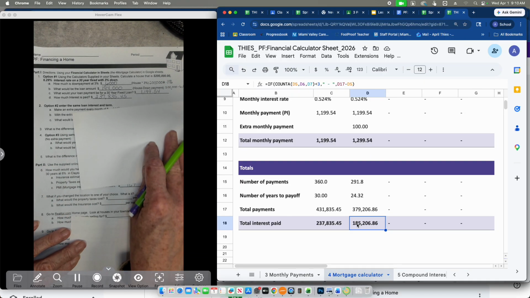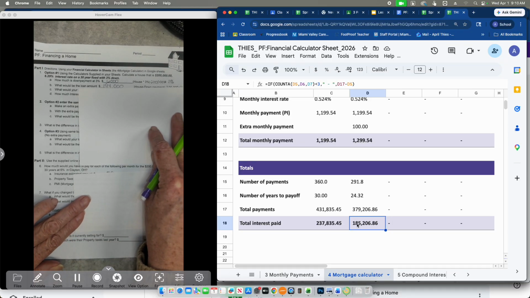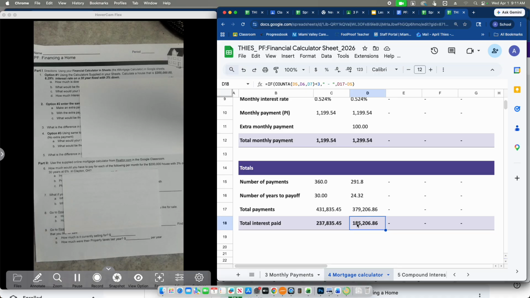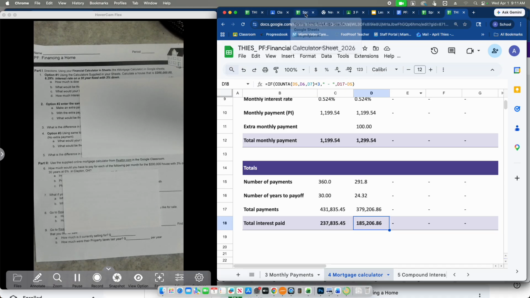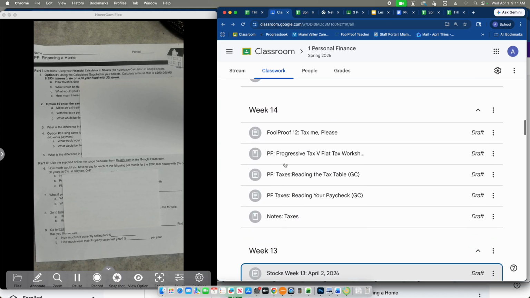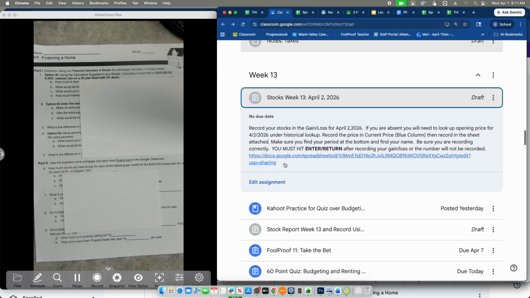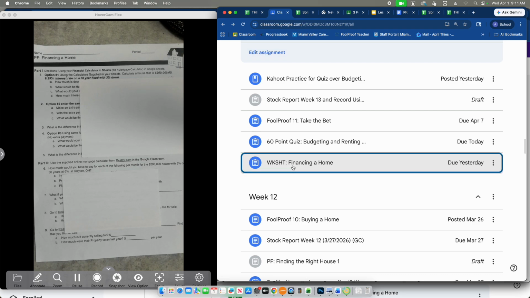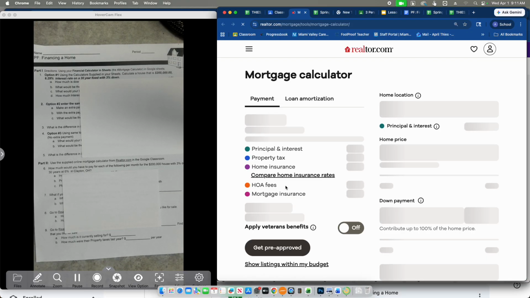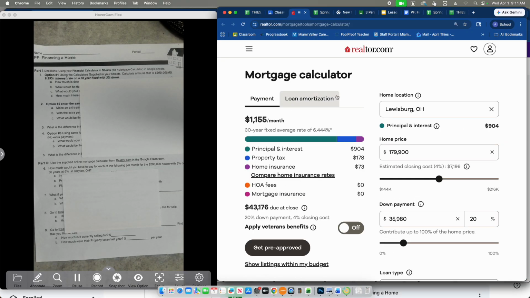Next thing is down here at the bottom, we are going to go into our Google Classroom. So I'm going to pull up my Google Classroom, and we are going to pull up the financing a home, and inside of here we are going to look at the realtor.com mortgage calculator.